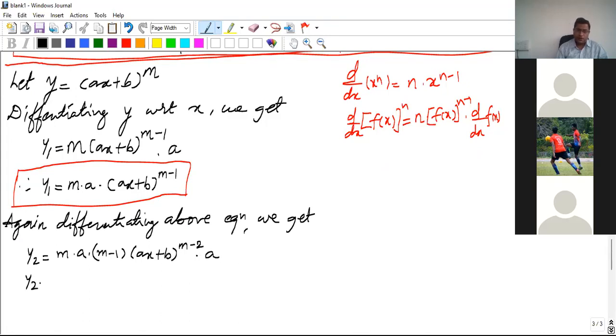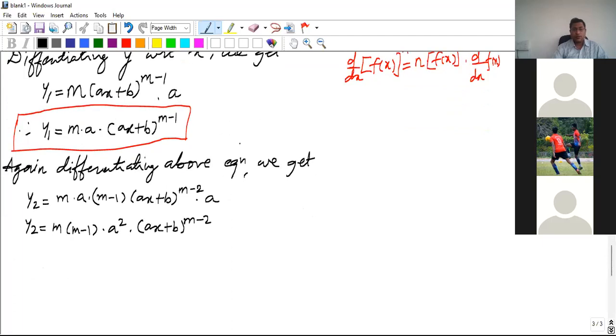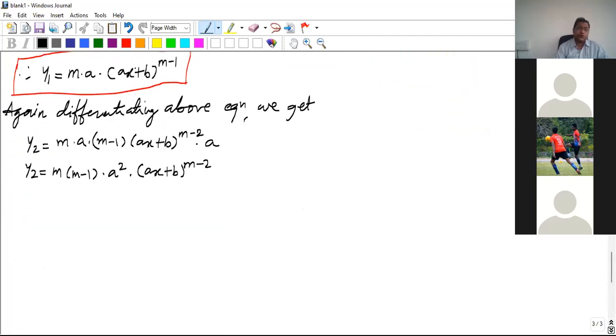So we can write y2 is equal to, with this a and this a, m into m minus 1 into a square, and here we have (ax plus b) raised to m minus 2. So that's what we got here. This is our second order derivative.